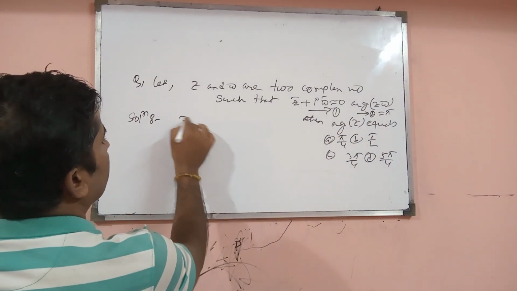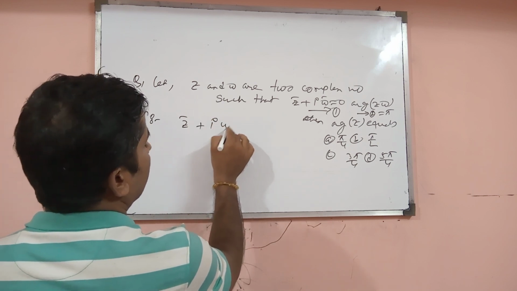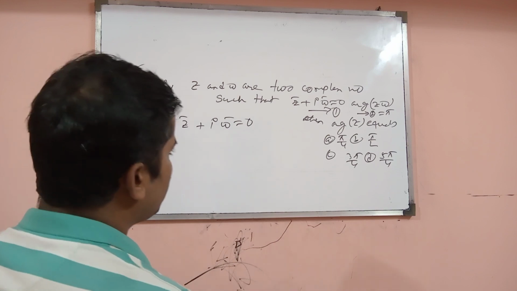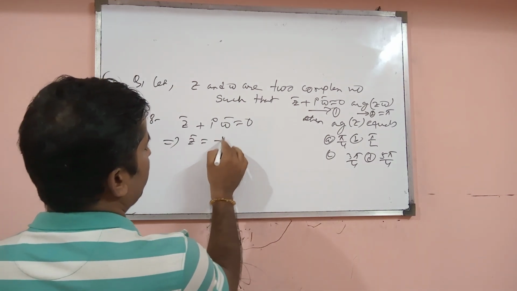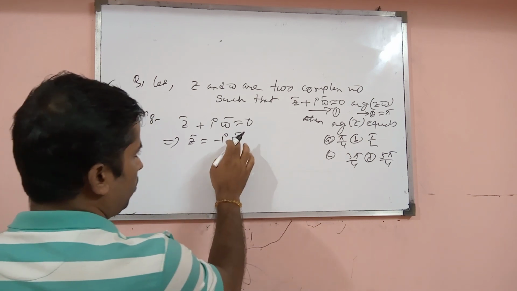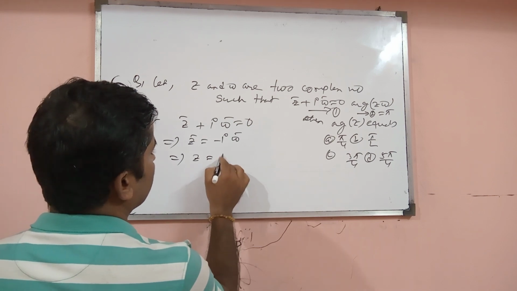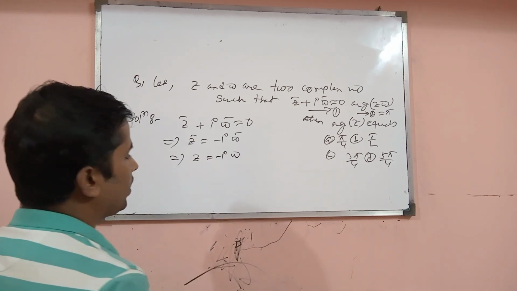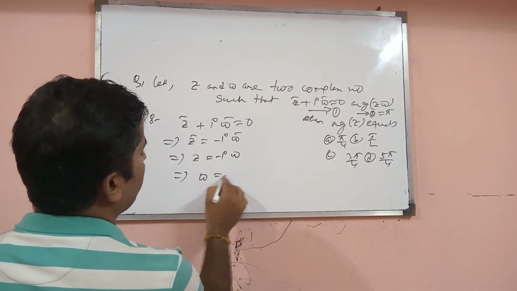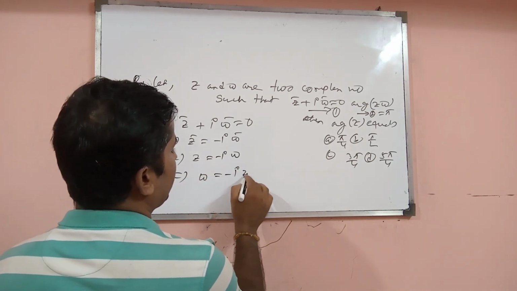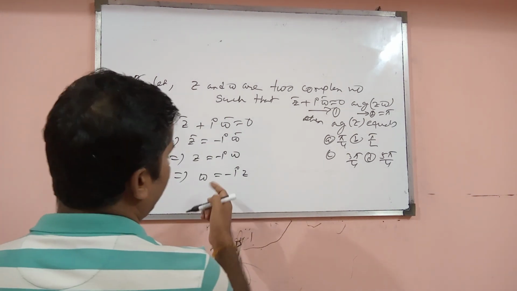From condition 1 we shall get z bar is equal to minus i w bar, and so z is equal to i w. So it shall imply w is equal to minus i z, okay?